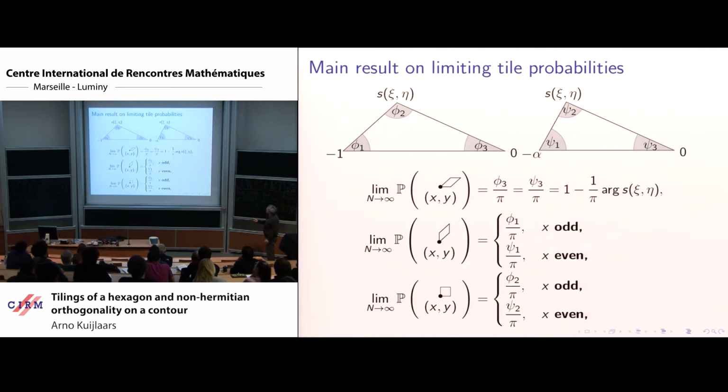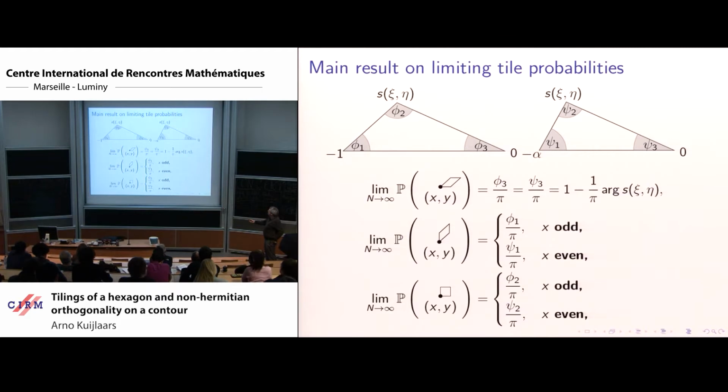So, yeah, then we have this kind of picture. Then our result on the limiting probabilities for these two tiles, we still see, so this is in the liquid phase. Once we're in the liquid phase, we still see the periodicity with alpha going from left to right, even odd case. And we can nicely express them in terms of angles of two triangles.